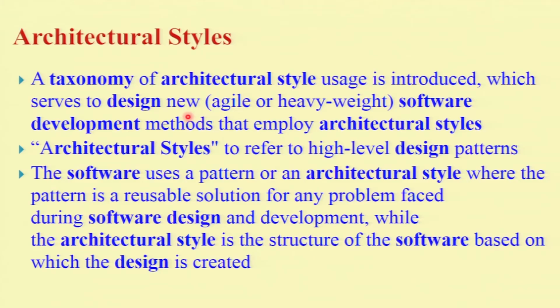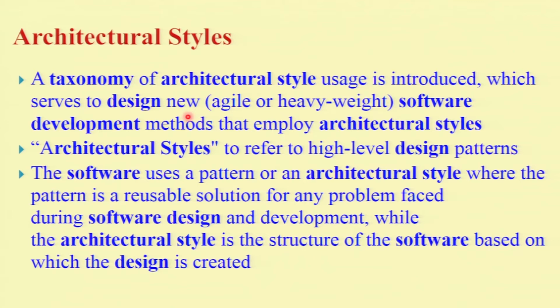The software uses a pattern or an architectural style where the pattern is a reusable solution for any problem faced during software design and development, while the architectural style is the structure of the software based on which the design is created.